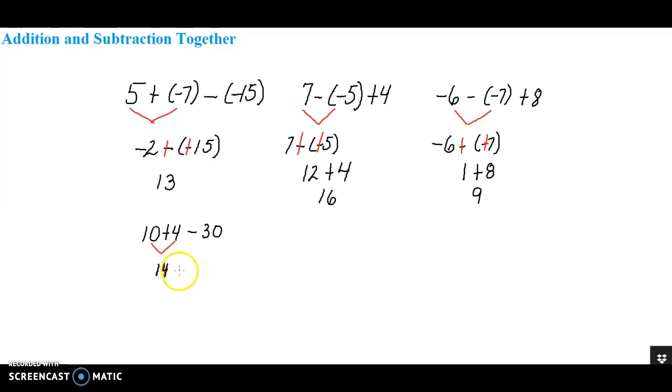And then 14 minus 30. And now 14 minus 30 says this becomes a plus and this becomes a minus. And now 30 minus 14, 4 from 10 produces 6, and 1 from 2 is 1. And since the larger number is negative, we would have a negative number there.